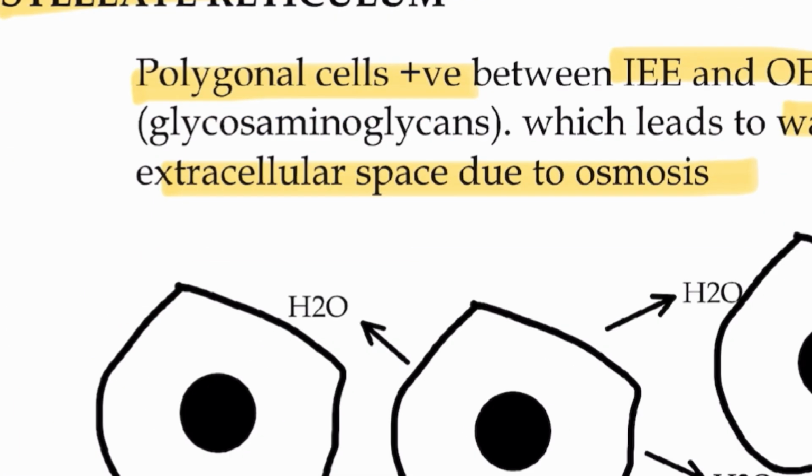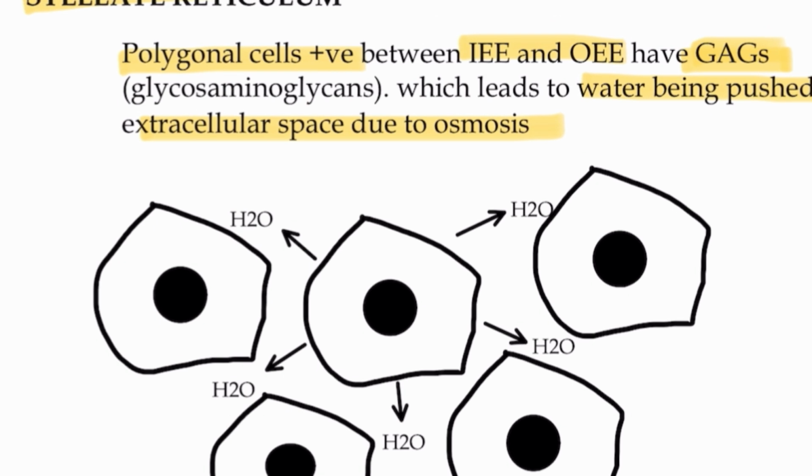These polygonal cells were present in between them, and they had glycosaminoglycans, which is leading to water being pushed out of the cells like this. This is a normal polygonal cell from which water is coming out. Why? Because it has a lot of GAGs, and it is due to osmosis, obviously.